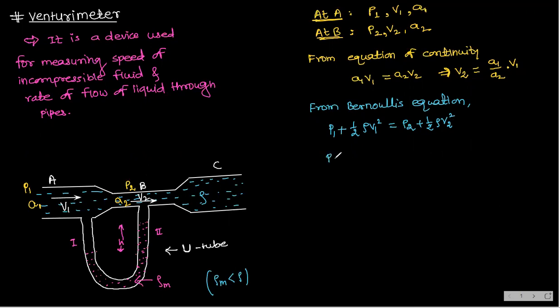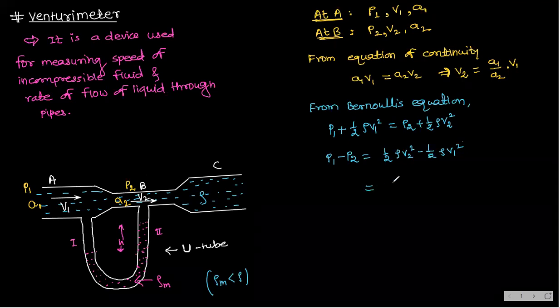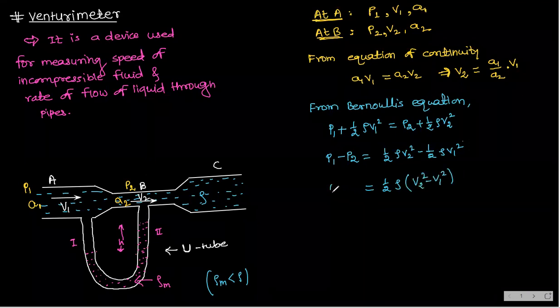And from this, P1 minus P2 is equal to half rho V2 square minus half rho V1 square. Now this half rho you take common, so you will get V2 square minus V1 square. Okay, right.